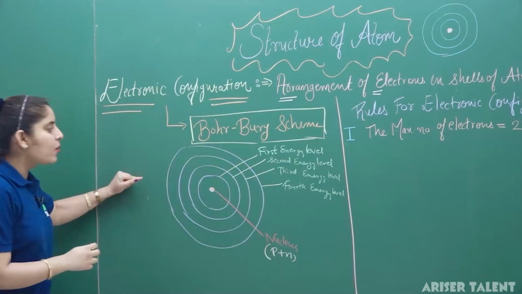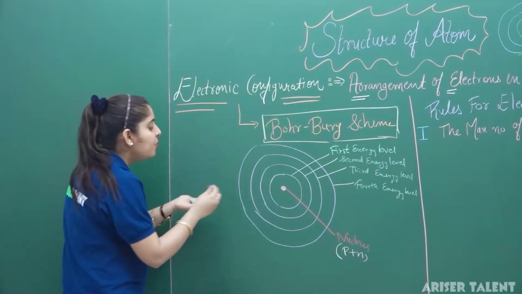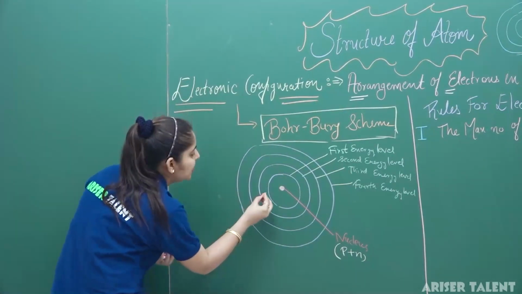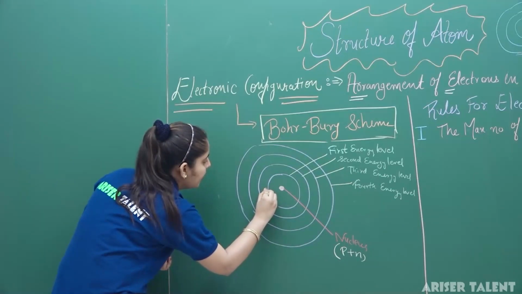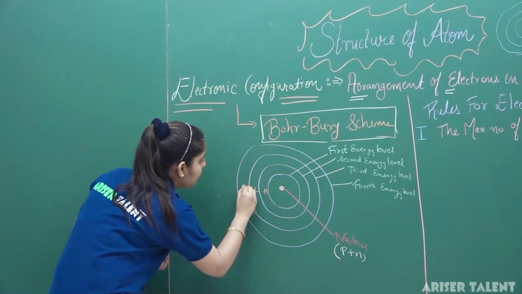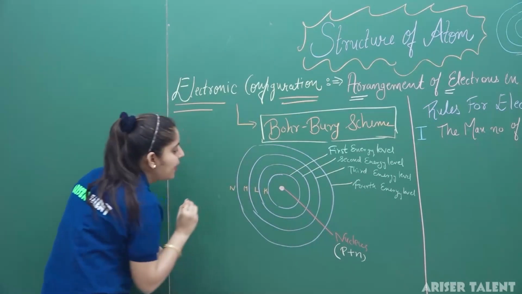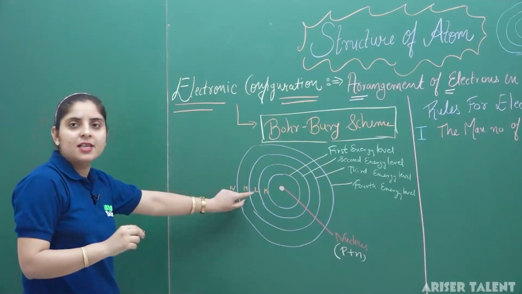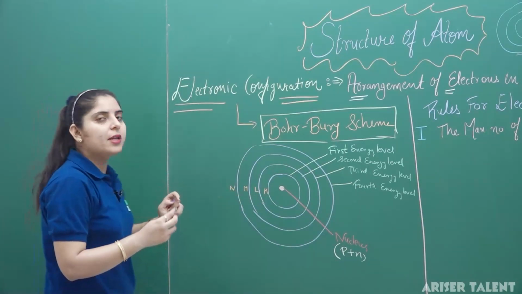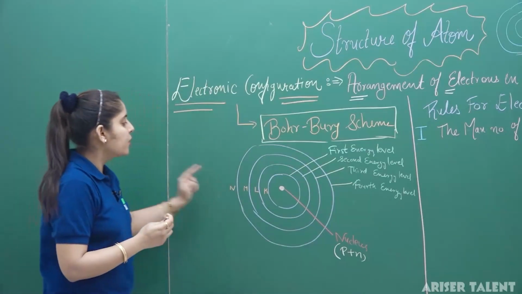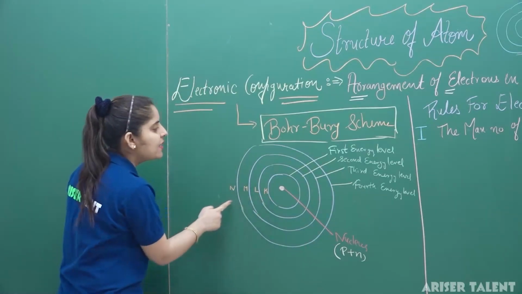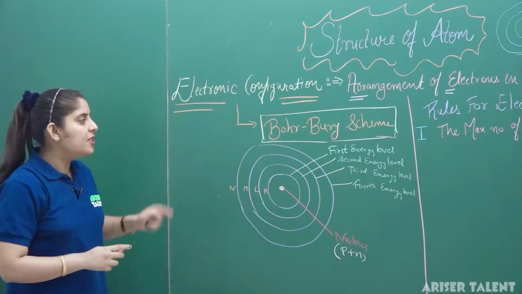So we have 4 levels in this diagram, and we can say these levels are K, L, M and N. We designate these by the terms K, L, M, N, or we can also write them as 1, 2, 3, 4. So these are the 4 shells and they are called the 4 energy levels.